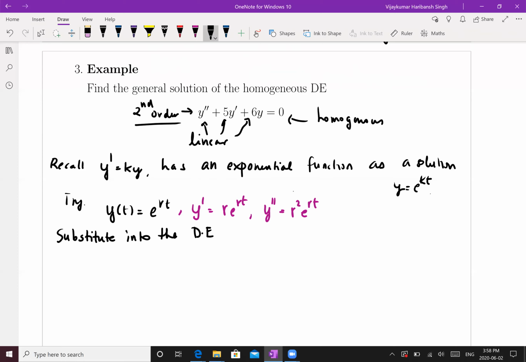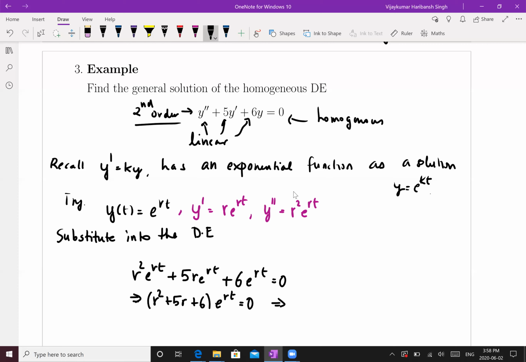So let's put these values in the differential equation. We get r square e to the power rt plus 5r e to the power rt plus 6 e to the power rt equals 0. This gives me r square plus 5r plus 6 times e to the rt equals 0.